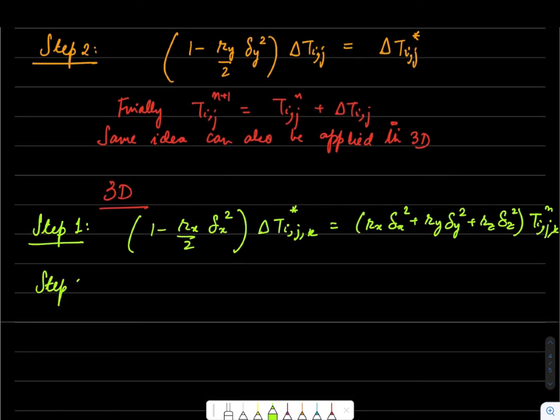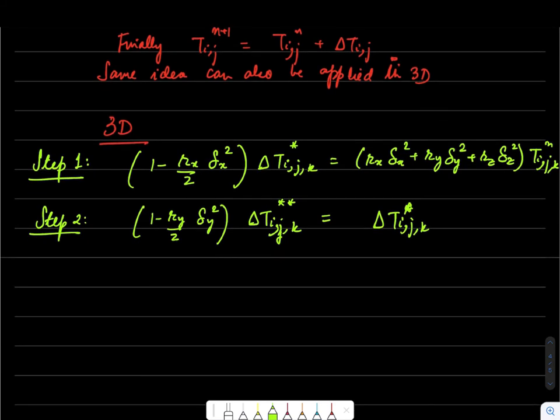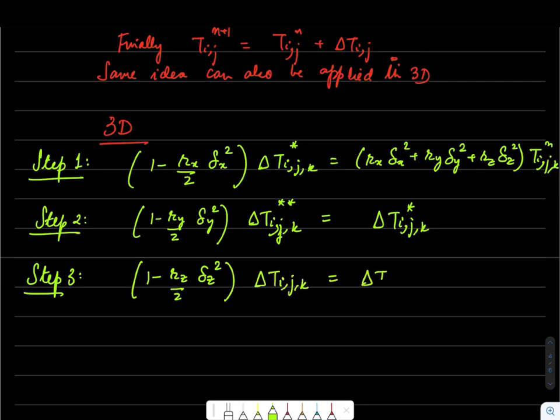Step 2 will be now 1 minus Ry by 2 del y square delta Tijk, let's say 2 stars to indicate a new dummy variable, will be delta Tijk star, and step 3 would be 1 minus Rz delta z square by 2 delta Tijk to be delta Tijk double star.